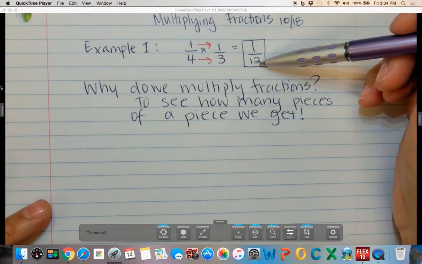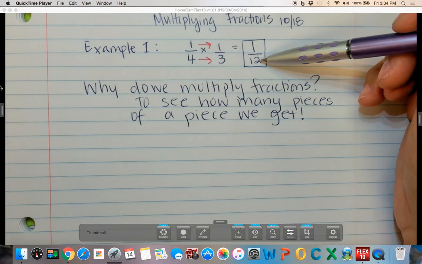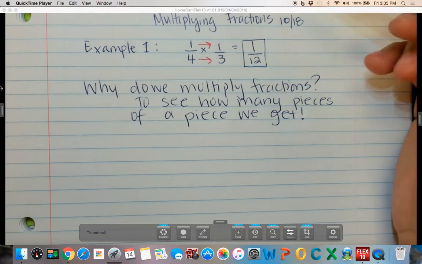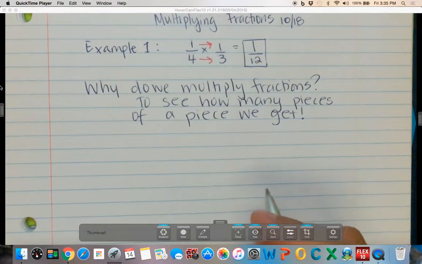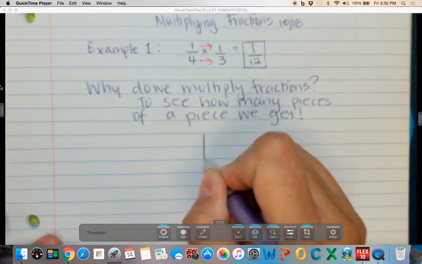And remember, as our denominators get larger, our pieces get smaller. When we divide fractions, we want to know how many pieces there are, or how many pieces we get. And with fractions, we're kind of doing the same thing in a way. So let me show you my first picture for 1/4 times 1/3. I'm going to start out with my bar model.